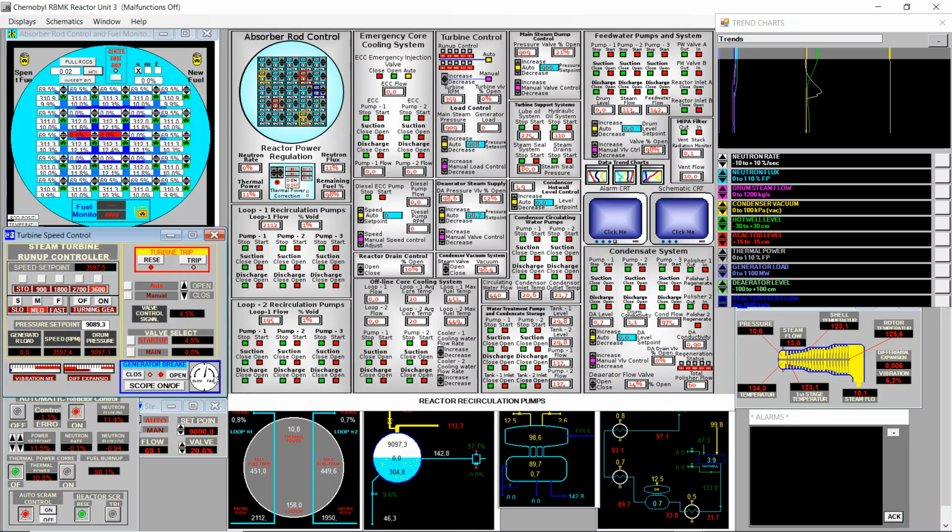I'm just waiting for this arrow to... Why is the speed at 97.4 and it's not increasing? Does it need more pressure in the main steam dump control? I will just increase the pressure a bit.